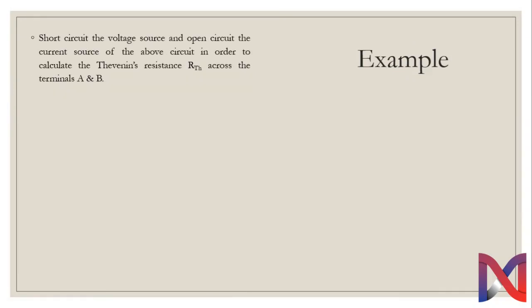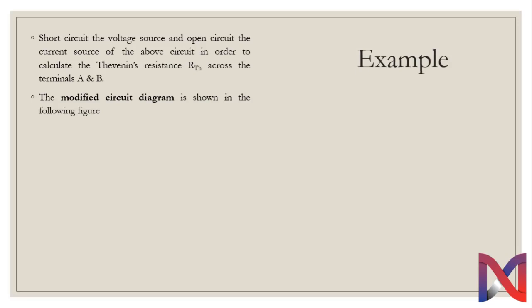For that we will short circuit the voltage source and open circuit the current source of the above circuit in order to calculate the Thevenin resistance RTH across the terminals A and B. So we will disconnect the voltage source and current source and then place our ohmmeter for measuring RThevenin. RThevenin is basically R equivalent.